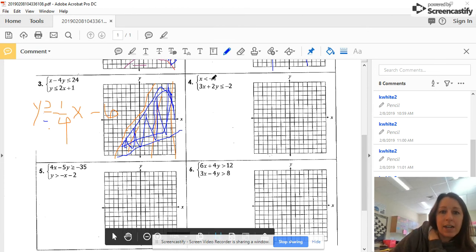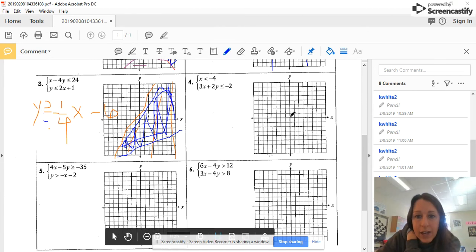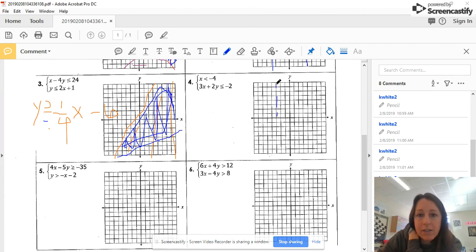All right, number 4, x is less than -4. So on the x-axis, we go over to -4. We do a dotted line. And x is less than, so it's going to be to the left. So over here. And then the second equation is going to rearrange into y is less than or equal to -3/2 x, and then -1.